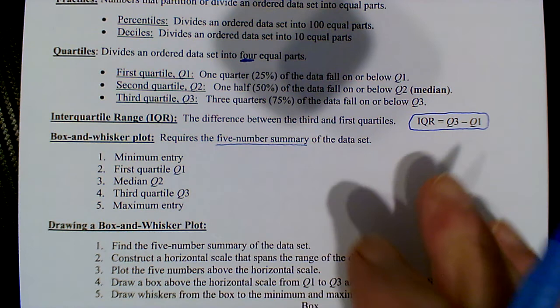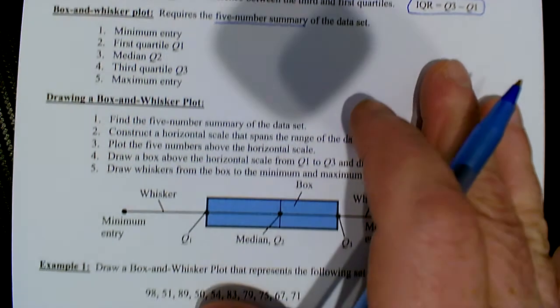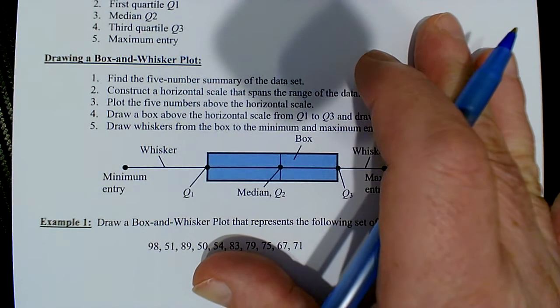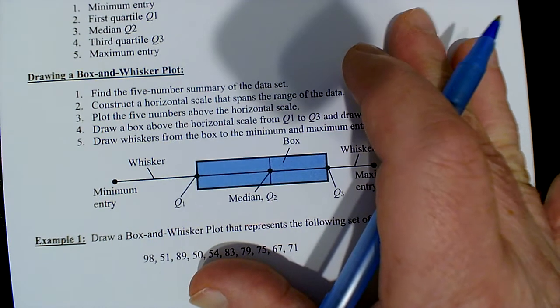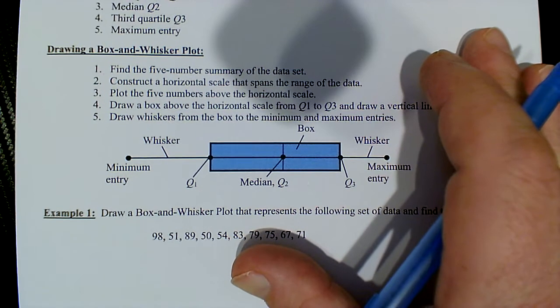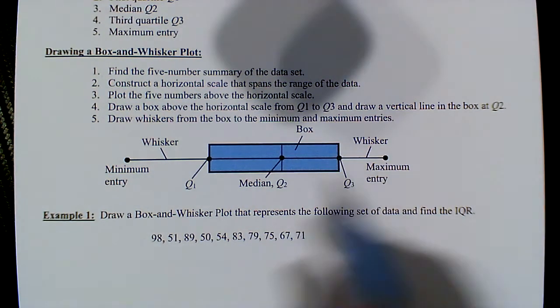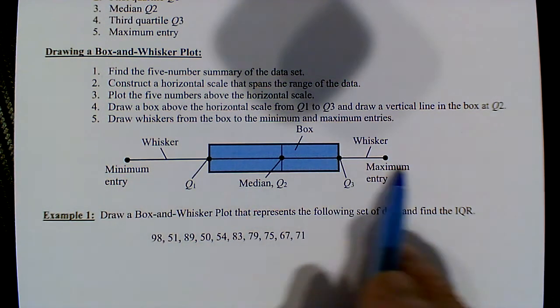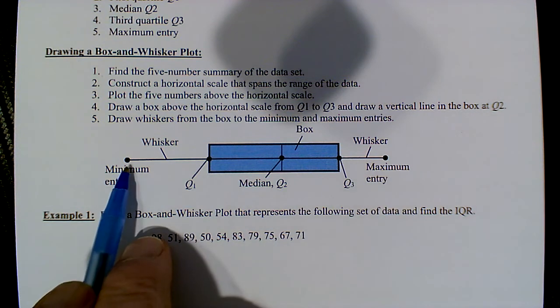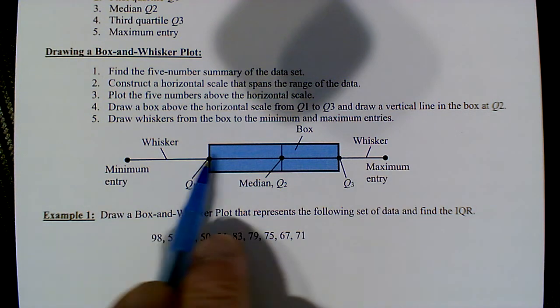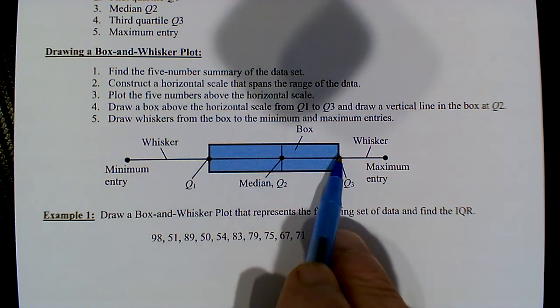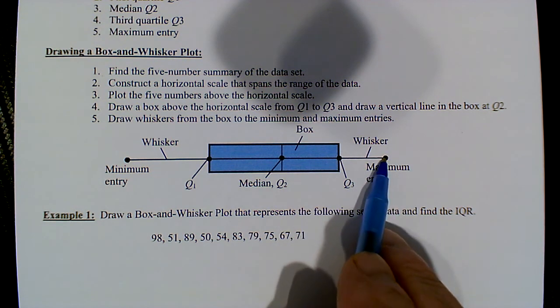When we draw a box plot, we use the 5-number summary, and you could read through the directions. But here's an example of what it would look like. Our minimum entry on the left, the box contains the 3 quartiles, and then our maximum entry on the right.